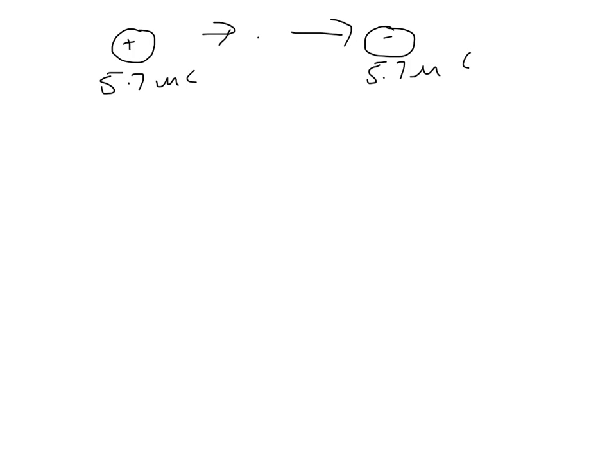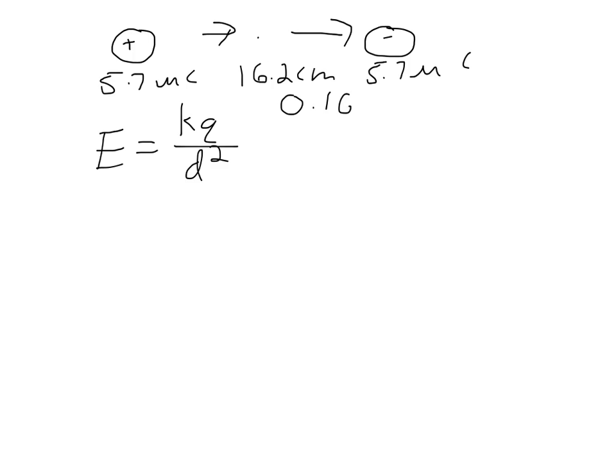So what we're going to do, and they're equal, so if we find it for one, we can just multiply it by 2. So I'm going to say electric field equals KQ over the distance squared. And our distance between both of them is 16.2 centimeters, so that's going to be 0.162 meters.